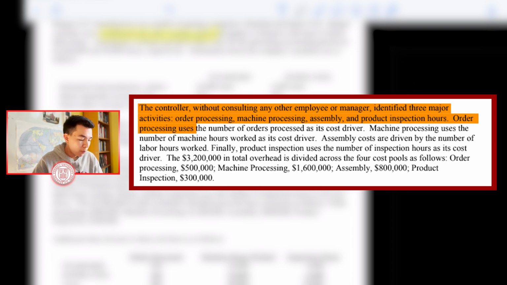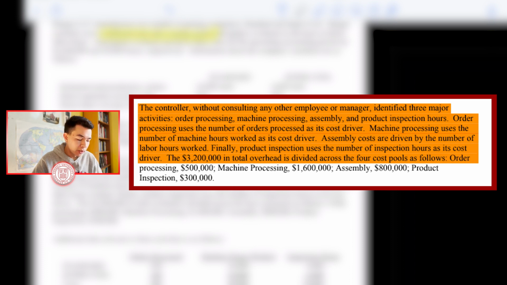Order processing uses the number of orders processed as its cost driver. Machine processing uses the number of machine hours worked as its cost driver, and assembly costs are driven by the number of labor hours worked. And finally, product inspection uses the number of inspection hours as its cost driver.